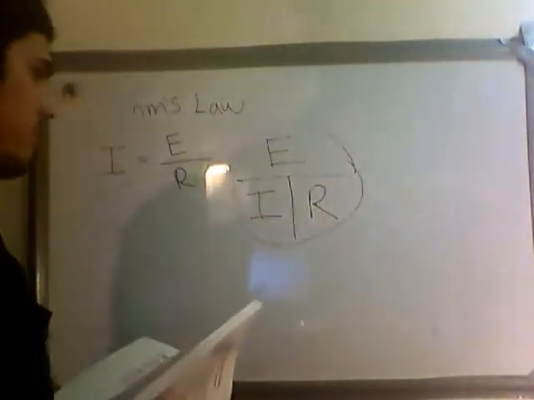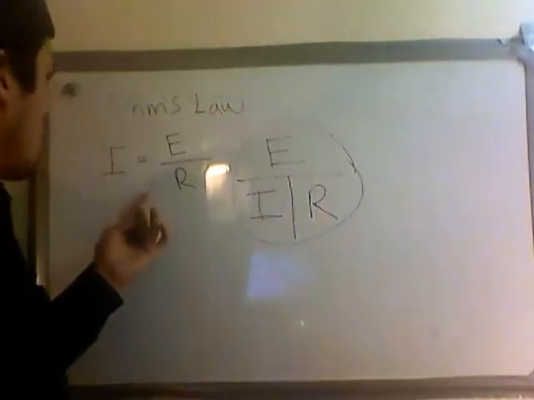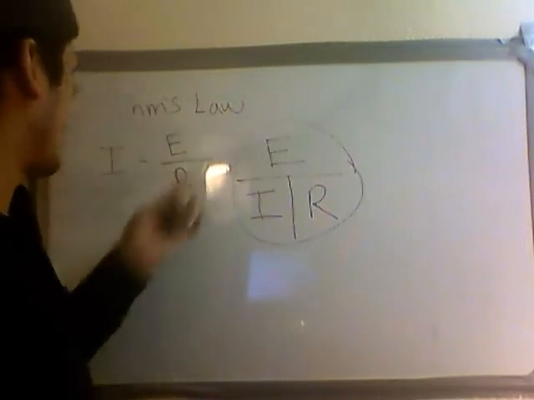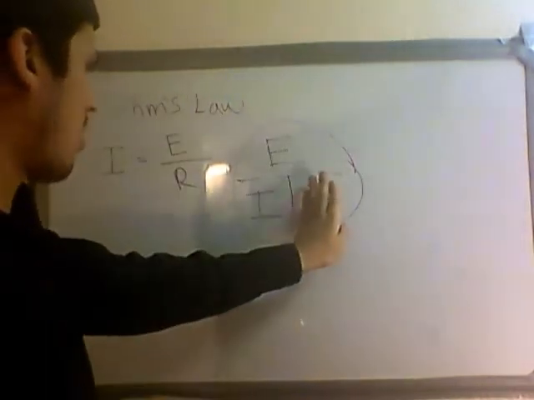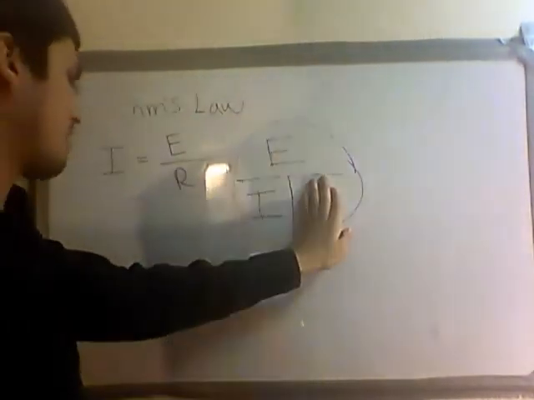Whatever you're trying to solve for, you just cover up. So if I didn't want to derive how to solve for resistance out of this algebra equation, I just cover up R, resistance, and that's voltage divided by amperage.